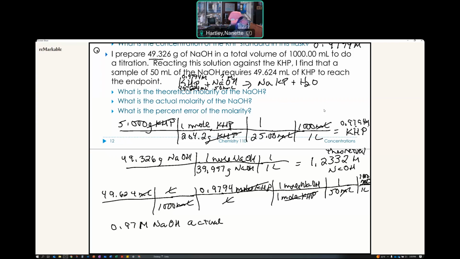Now, if I want to look at the percent error, that's going to be equal to the absolute value of the theoretical minus the actual, over the theoretical, times 100.